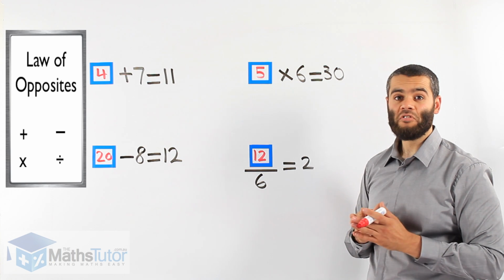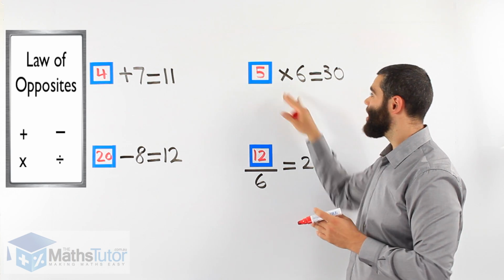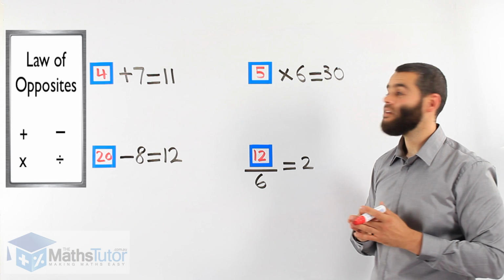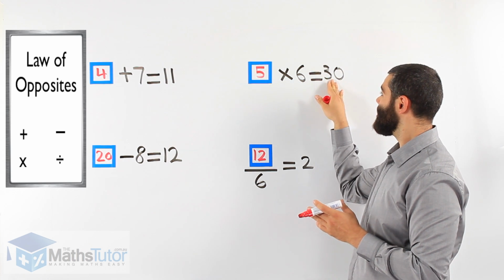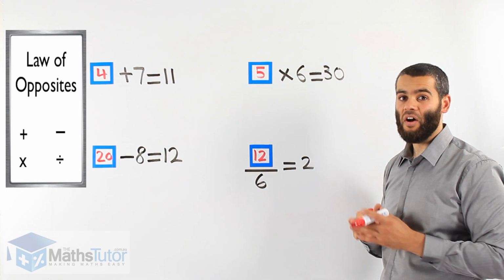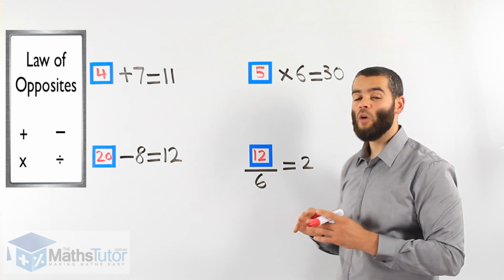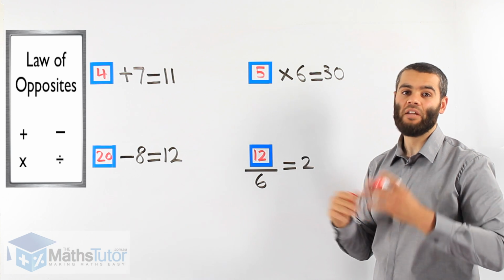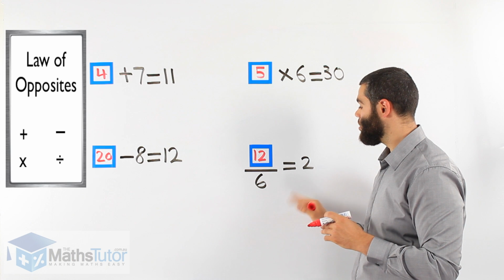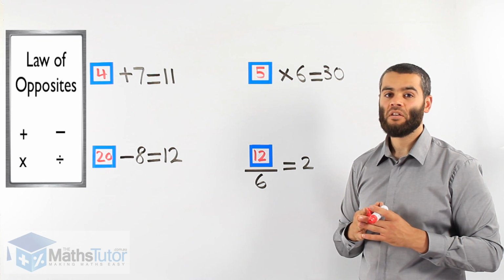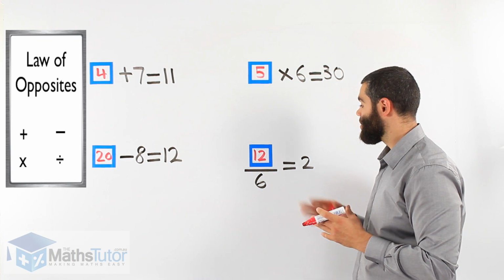The law of opposites also says that the opposite of times is divide. Means that to get that missing number, 30 divided by 6 is 5. And the opposite of divide is times. So something divided by 6 is 2. 2 times 6 is 12.